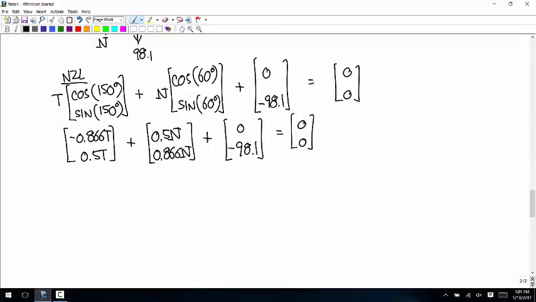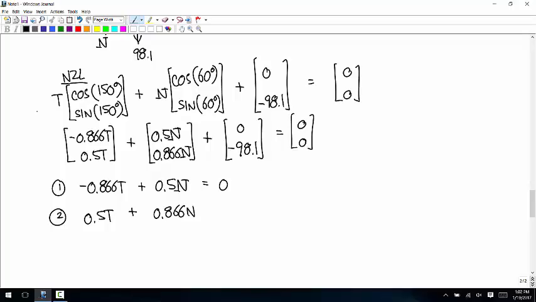So we have a system of two equations. The first one says negative 0.866 T plus 0.5 N is equal to 0. And the second one says positive 0.5 T plus 0.866 N is equal to positive 98.1.